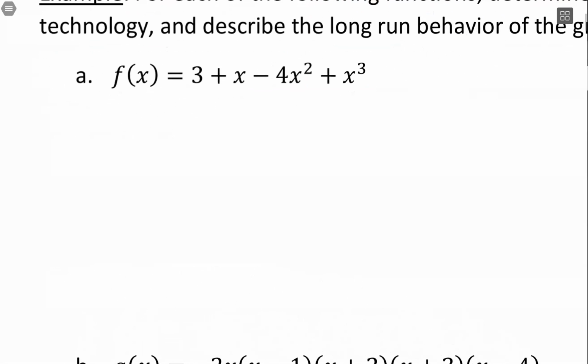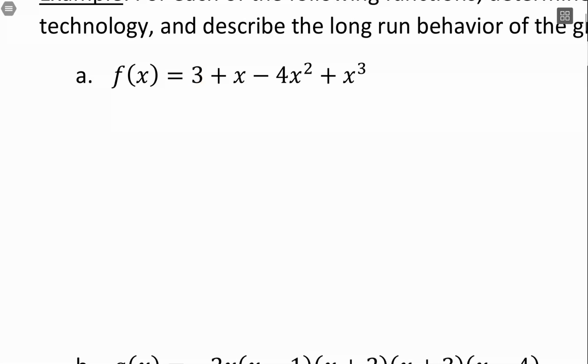So this first function here, first thing I need to do is find the leading term. Now, leading term only occurs when it's in standard form, meaning our exponents are decreasing left to right. So 3 is not our leading term here.